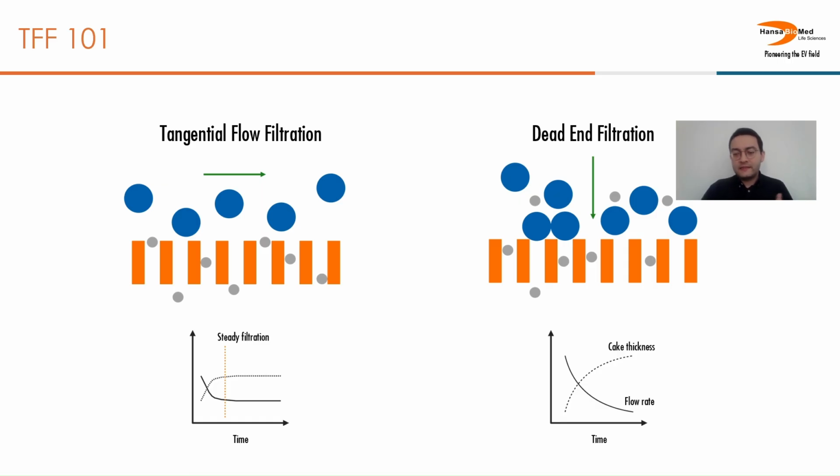And then as this cake thickness grows, the flow rate through the filter decreases, meaning that the efficiency of filtration decreases. But in tangential flow filtration, since the laminar flow is perpendicular to the filtration direction, this ensures a steady filtration over time, maximizing the efficiency of filtration or EV isolation in our case.